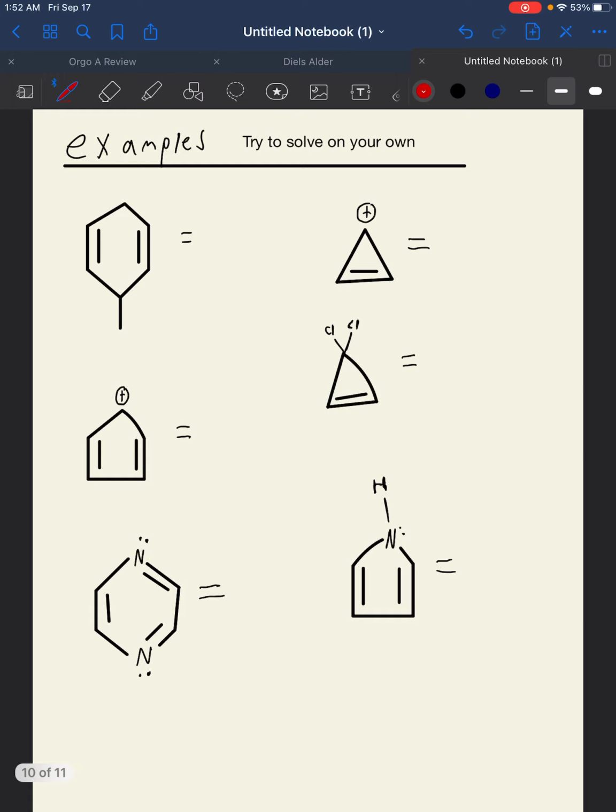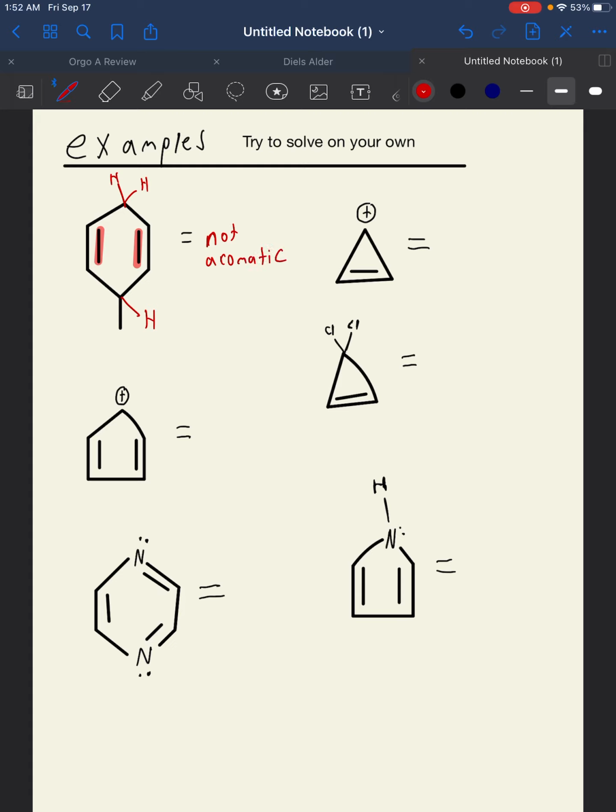Moving on. So now we got some examples to solve on our own. So this first one, is this aromatic? 2, 4, it already failed Huckel's rule, plus it's sp3 hybridized on both ends. So it is not aromatic.